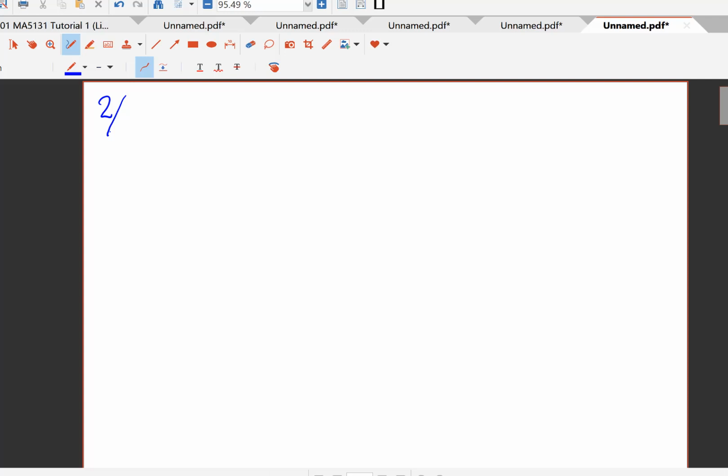Okay. So you want to first and foremost calculate this, no? Limit when x goes towards 0 of sine square 2x over 2x square.